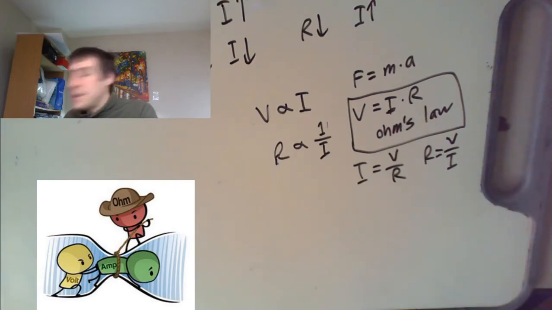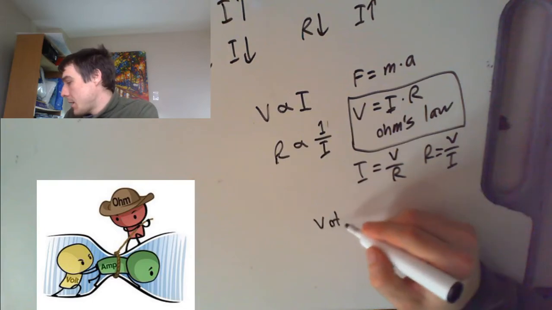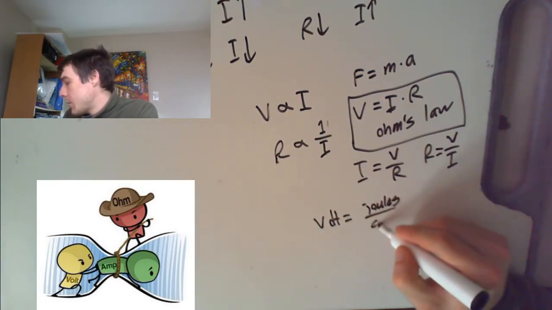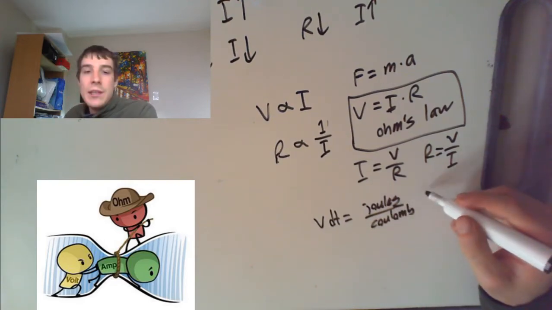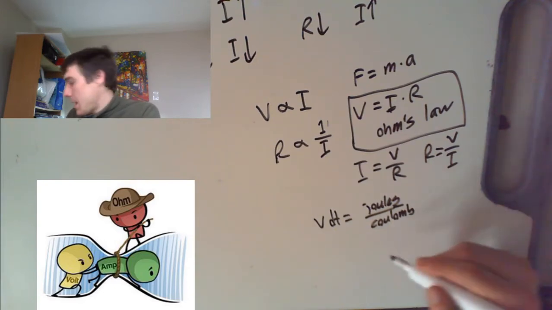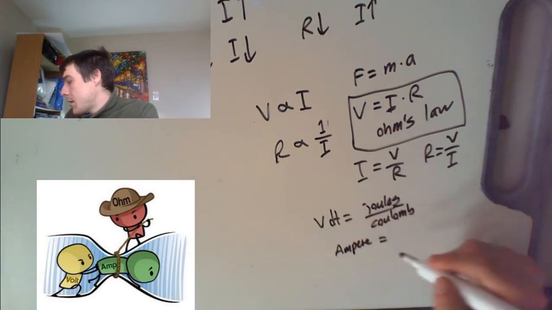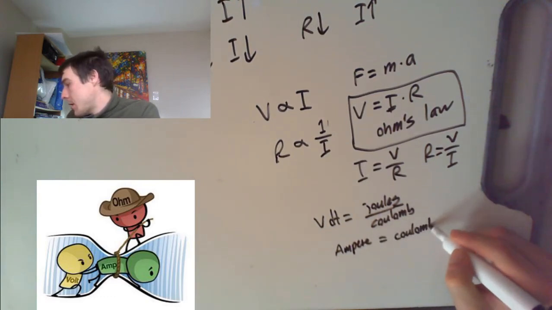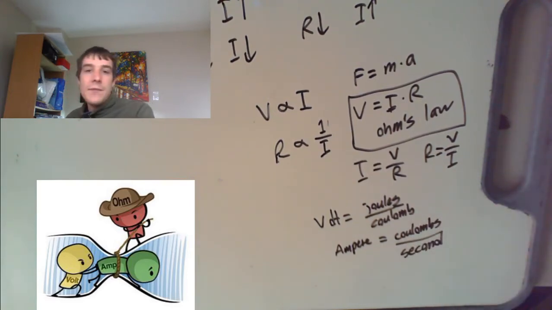Remember that we have physical descriptions of the volt. A volt is joules per coulomb. It's how much energy each pack of electrons has. And an ampere is coulombs per second, which is again a physical measurement.